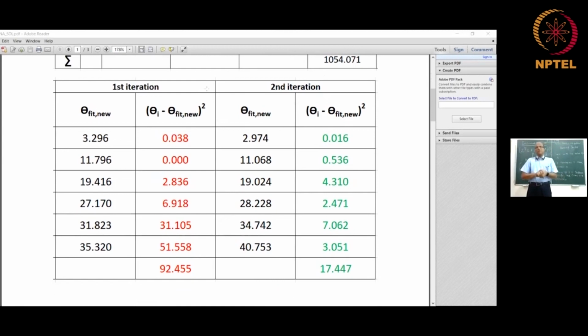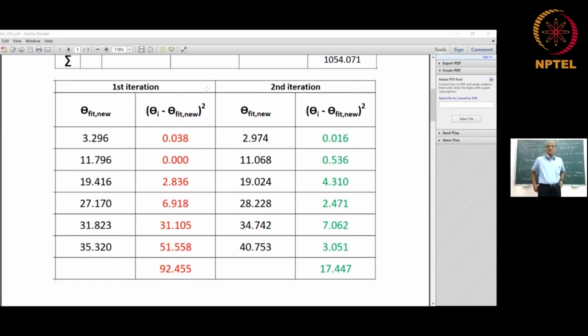But even 92.45 divided by 6 values is about 16, and the root of 16 is about 4. That means even at the end of the first iteration, if you substitute the values of A and B and the time, your temperature could be off by 4 degrees centigrade. If you're okay with that, stay with it. But a thermocouple has an error of only half a degree centigrade, so you have to go down further.